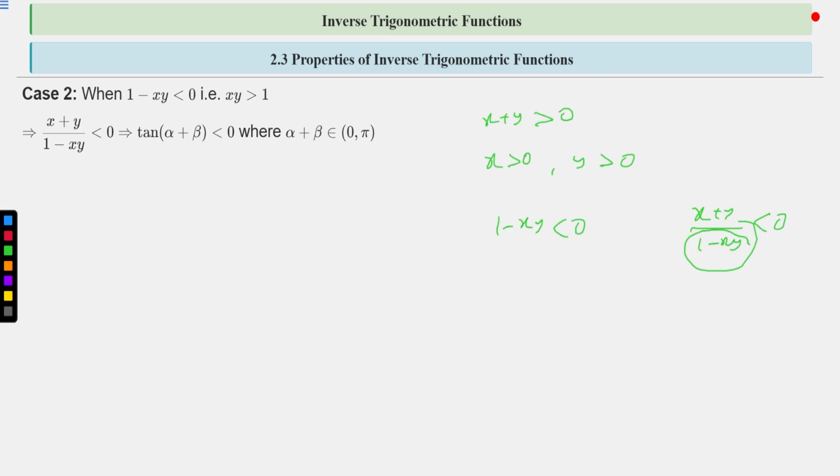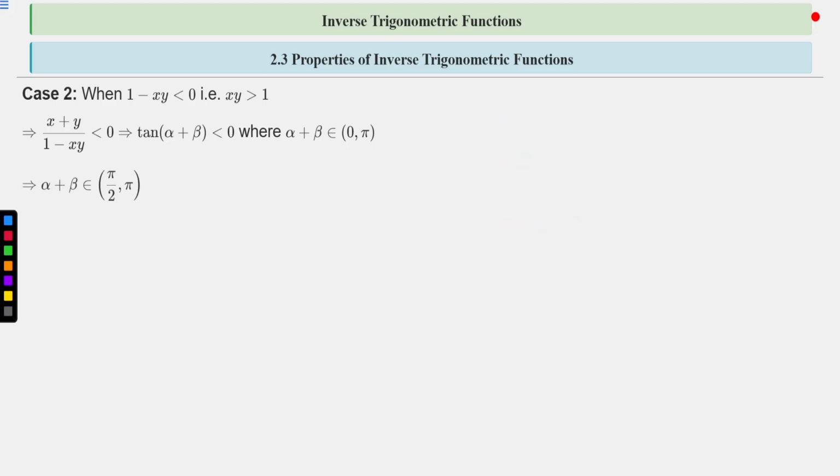This implies tan of (alpha plus beta) is less than 0, where alpha plus beta belongs to 0 to pi. We know that in the first quadrant, that is 0 to pi by 2, tan theta is positive, and in the second quadrant, that is pi by 2 to pi, tan theta is negative.